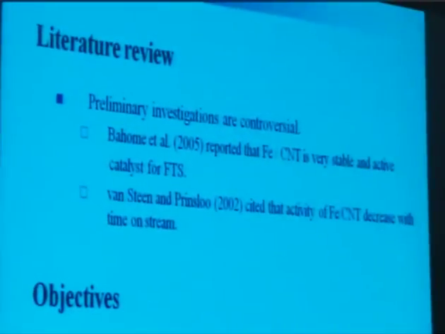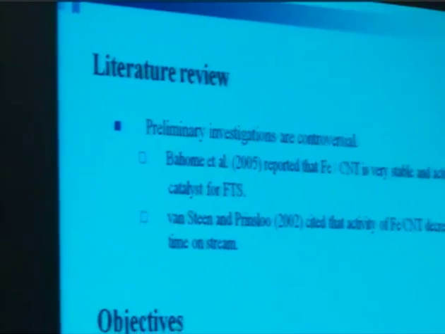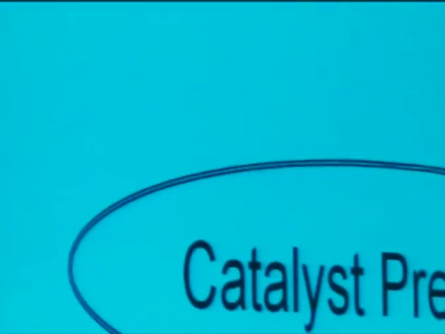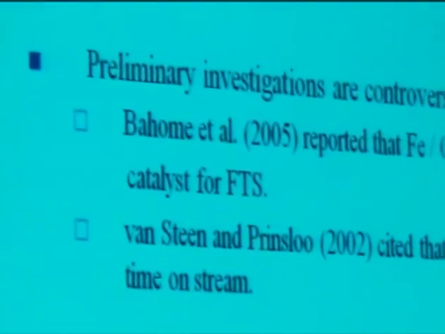If you have a look at the literature, we will find a few studies on iron supported on CNTs, but the results are controversial.